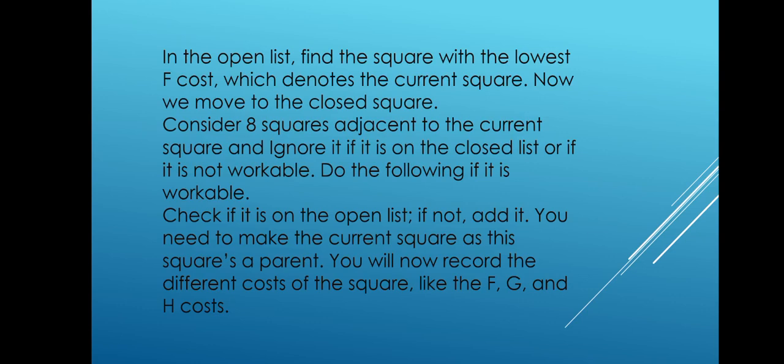Consider the 8 squares adjacent to the current square and ignore it if it is on the closed list or if it is not workable. Do the following if it is workable.